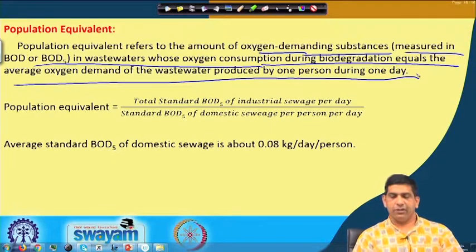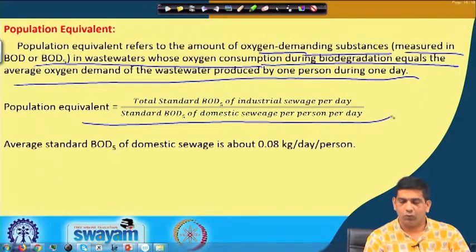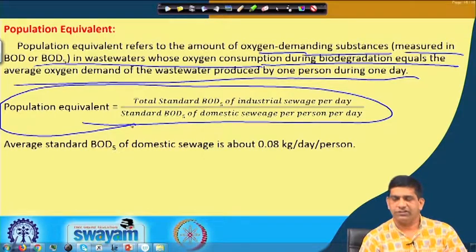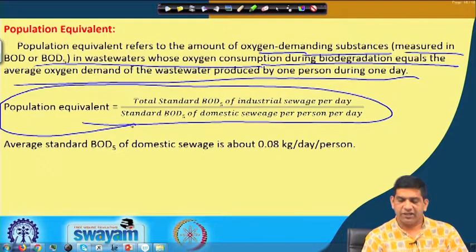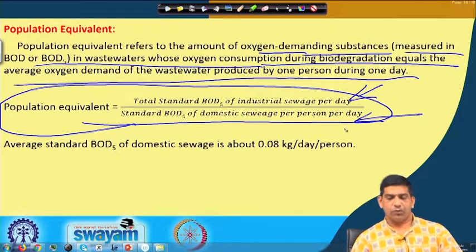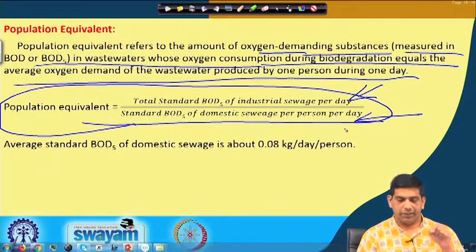So it gives us, if you put things in perspective of per person per day, what the organic loading is. In terms of the calculation, you look at the total standard BOD of industrial sewage per day, and then the standard BOD of the domestic sewage per person per day. So this is the industrial, then we get the domestic, which gives us an average standard BOD of the domestic sewage.